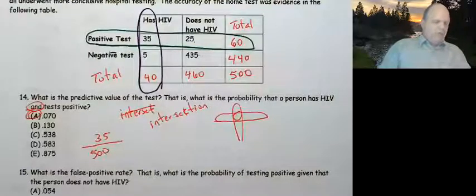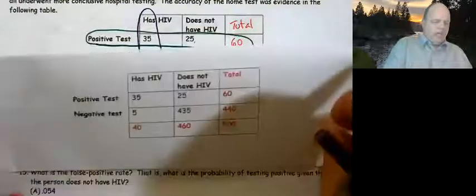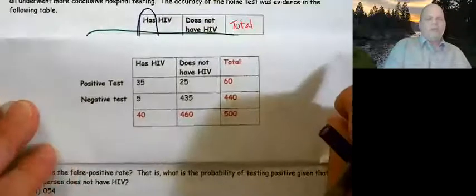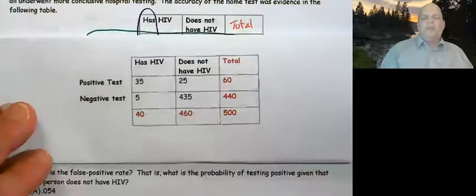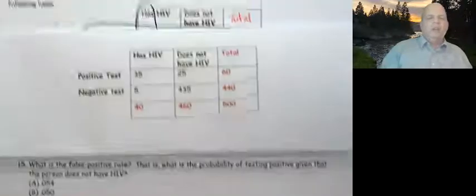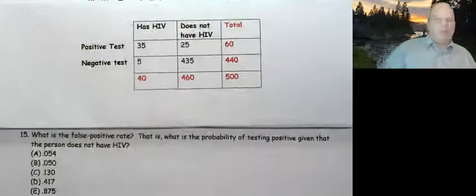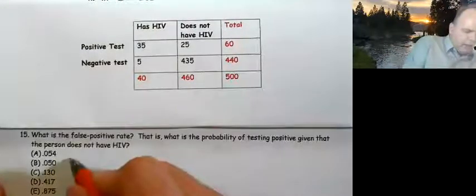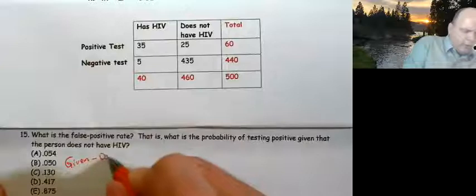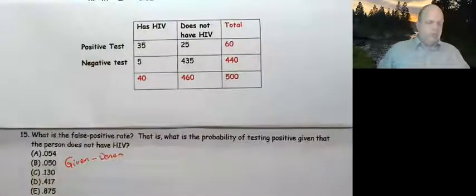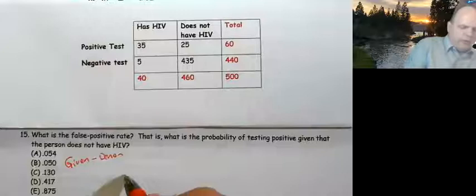So what is the false positive rate? Again, I don't know the medical terminology, but they say that is, what is the probability of testing positive given that the person does not have HIV? Once again, given. That's a denominator word. All right, so we always start with our givens. They're in the denominator.